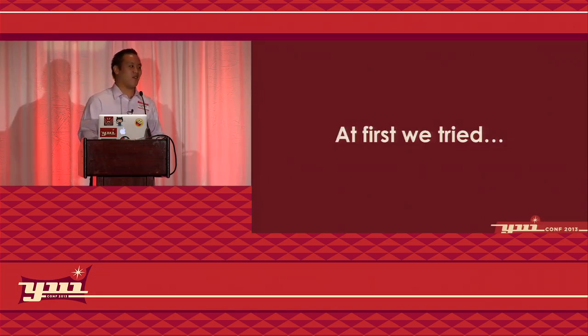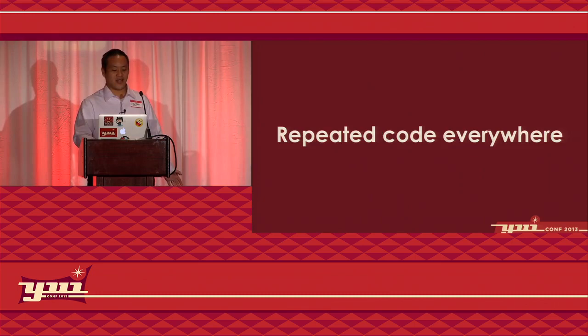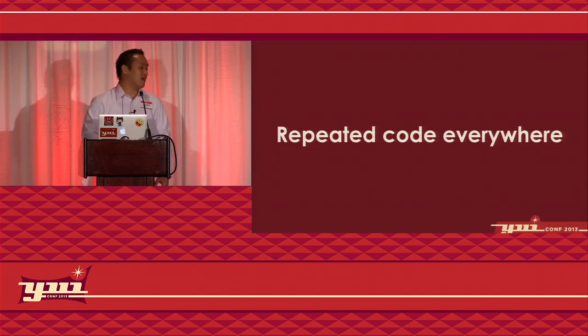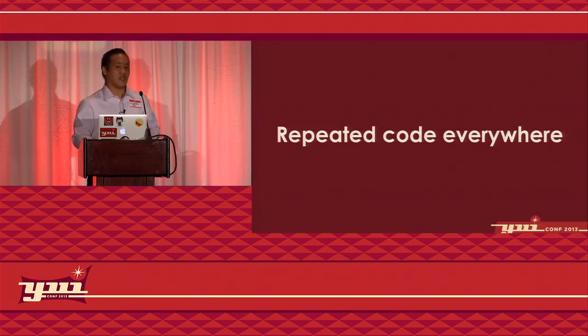We didn't immediately come upon this bright idea, but initially, embarrassingly, we had repeated code in a lot of places because it was fast. But over time, our needs outgrew that, and we weren't able to keep up with churning out features and maintaining our code base.